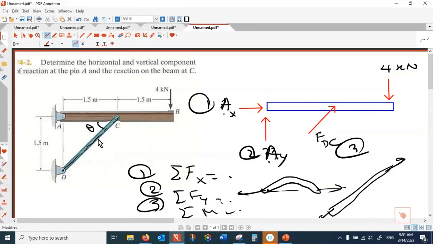The force which develops here is the same force which is applied at point C. So in a complex structure, you find the force in one part of the structure and transfer the very same force to the next part, and then transfer it to the next part. This is very common when we deal with truss structures. You find the force here, and then the very same force, through the pin, is exerted on the next part of the structure.